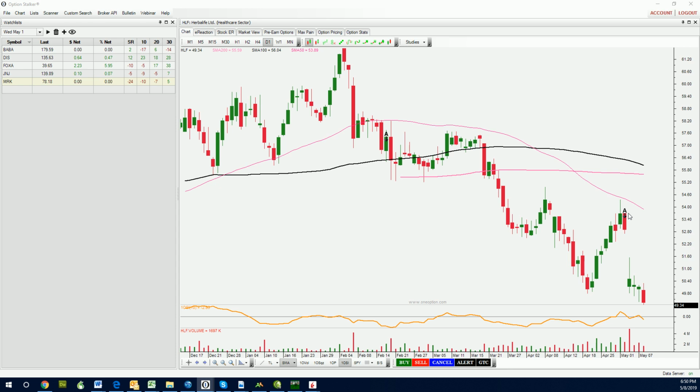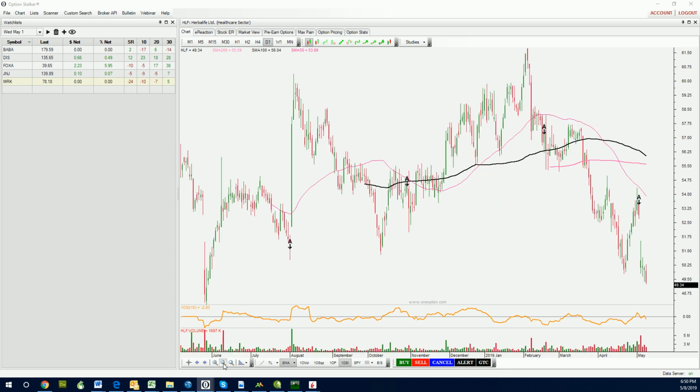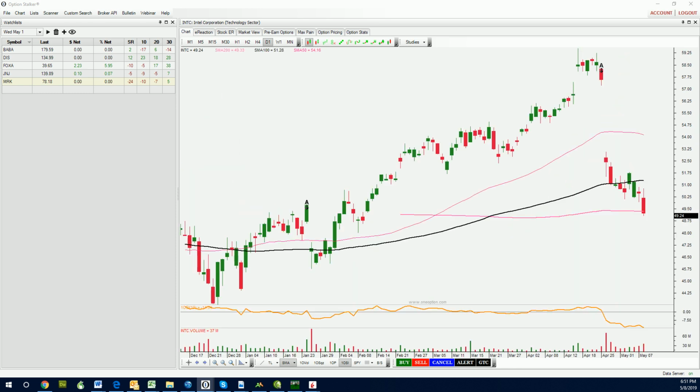You've got the earnings announcement after the close, gaps down, and now it's continuing to sell off, breaking horizontal support and in a general downtrend. So that's a pretty weak chart. Zoom out. You can see it is approaching some pretty major horizontal support, 52-week lows. We're going to avoid that one.